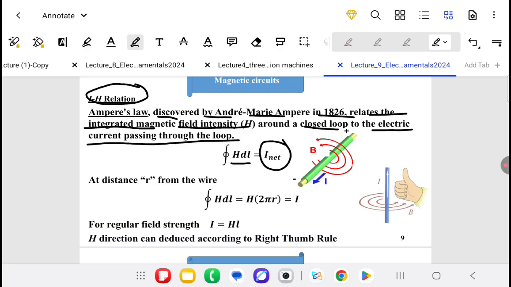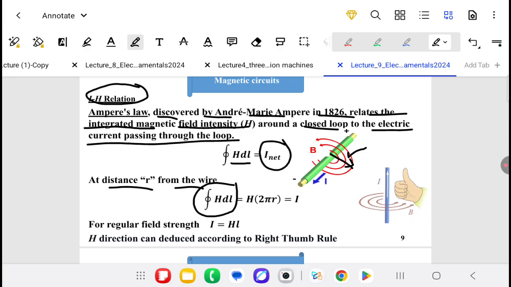If we are at distance r from the wire, we have the wire, and we are at distance r away from the wire, then the integration over a closed path of H dl.